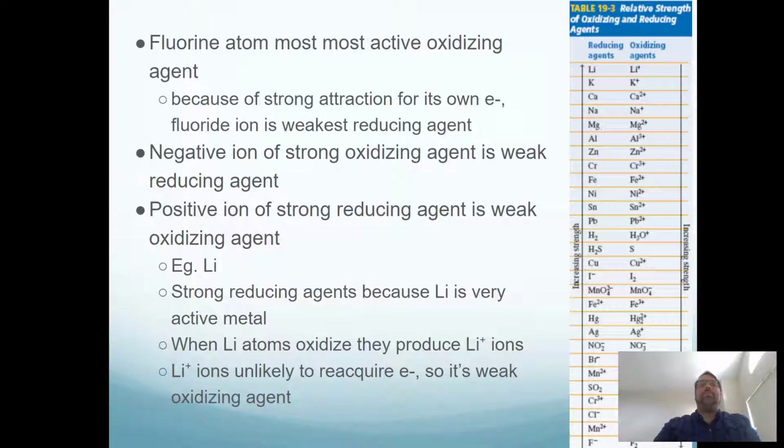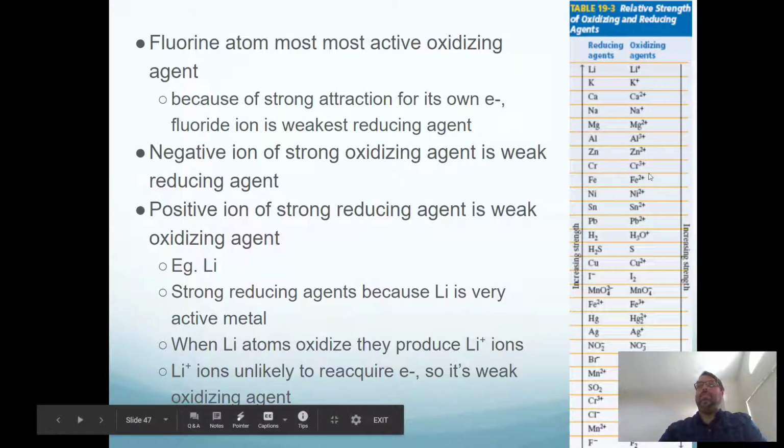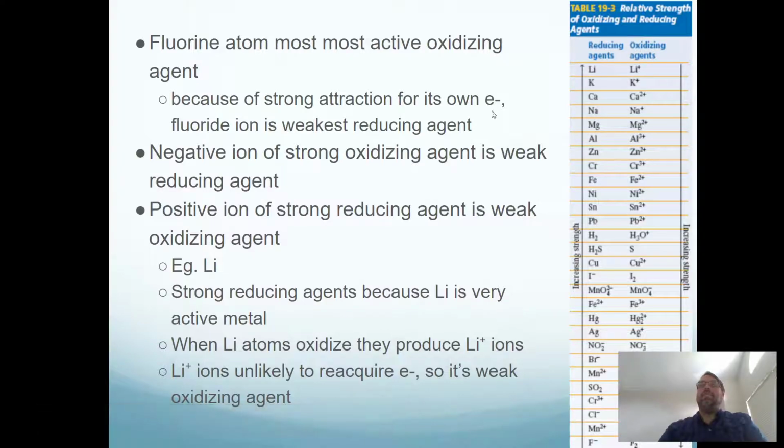And this is just another chart that ends up showing it. In particular, just showing the difference between the elemental state and then the actual oxidizing agent state.